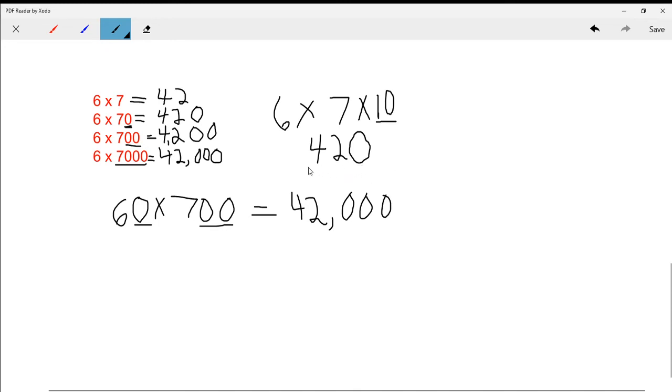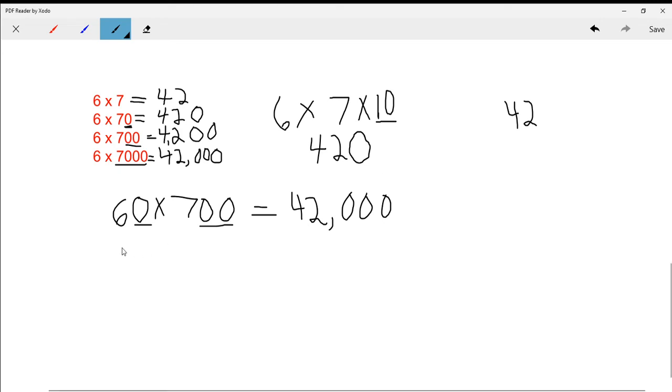I mean, the reason is because if I were to add up 42 10 times, it would come out to 420, right? So it just makes the math easier.